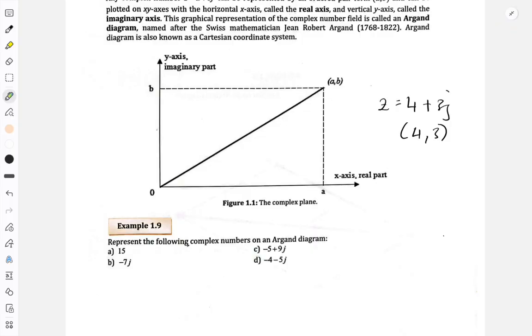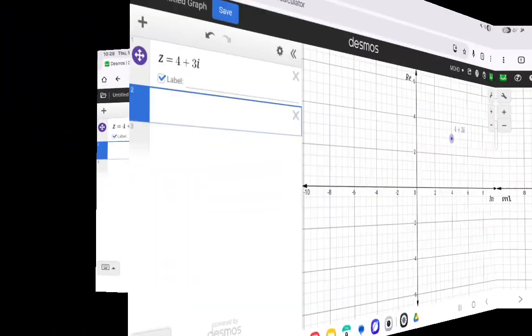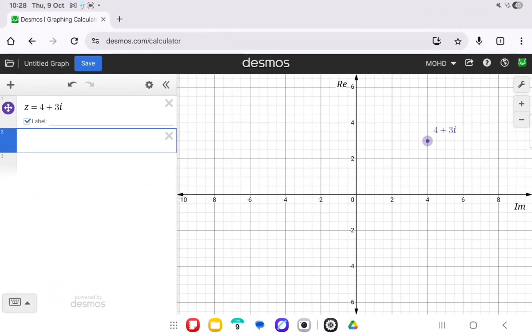Let's refer to example 1.9. We will plot each of these numbers one by one. First, let's look at A. A is z equal to 15.